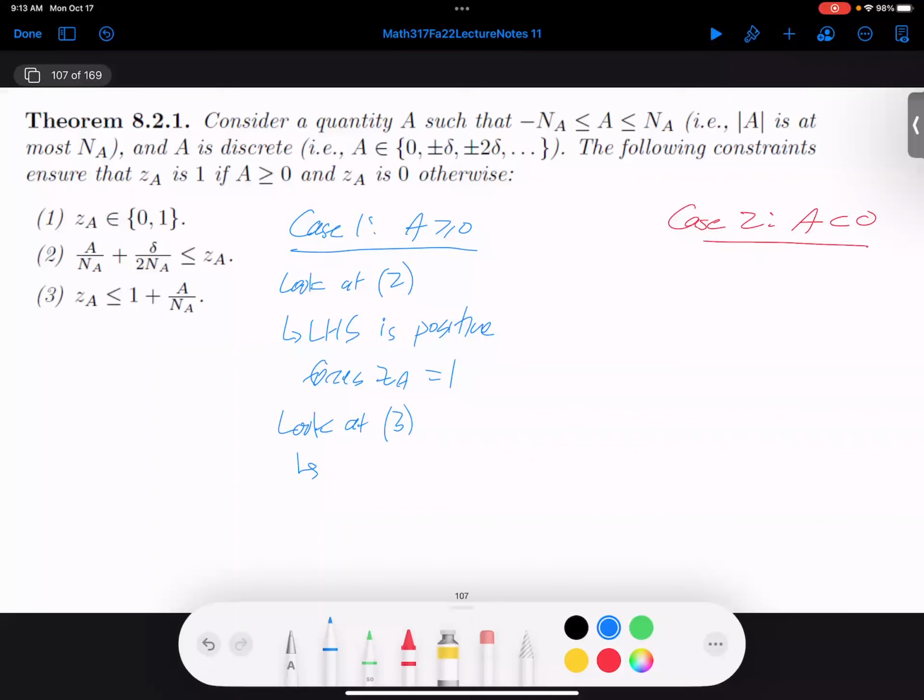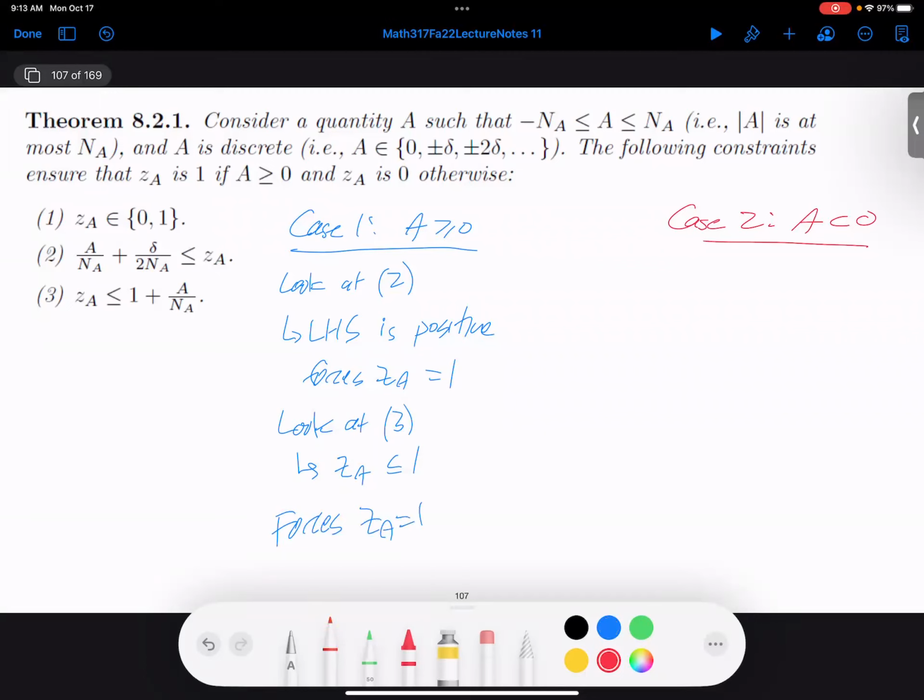Almost. It's greater than or equal to 1. So this gives Z of A is less than or equal to 1. So everything is consistent. So the effect of these 3 constraints, if A is greater than or equal to 0, is to force Z of A to equal 1.